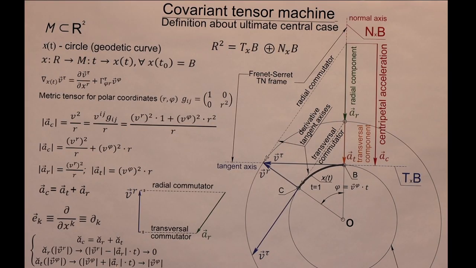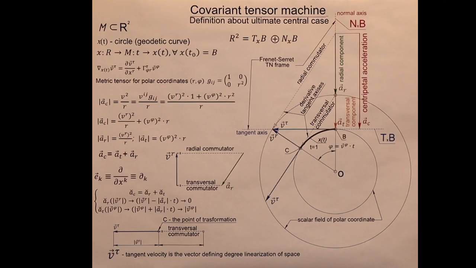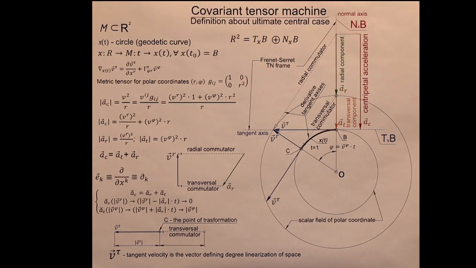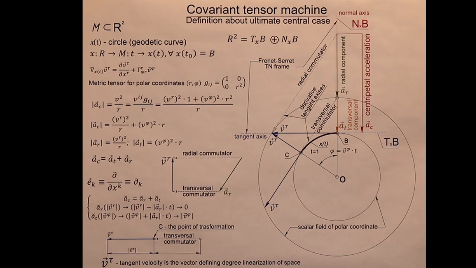When the point is moving, the Frenet-Serret TN frame arises. This basis consists of the tangent space and the normal space. The velocity vector lives in the tangent space, and the acceleration vector lives in the normal space. The circle has constant curvature.